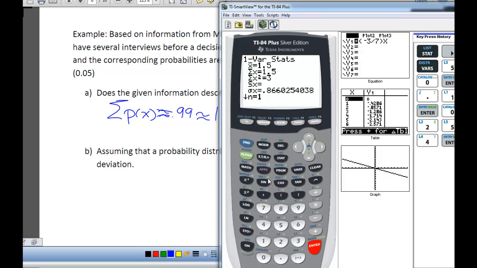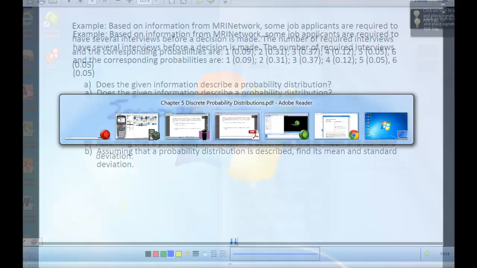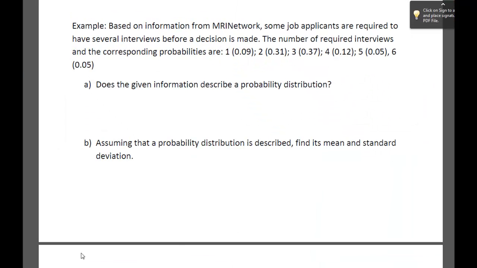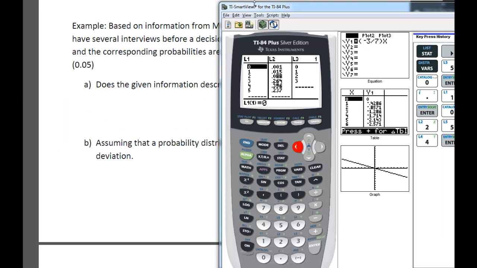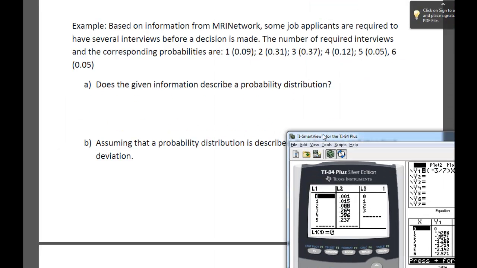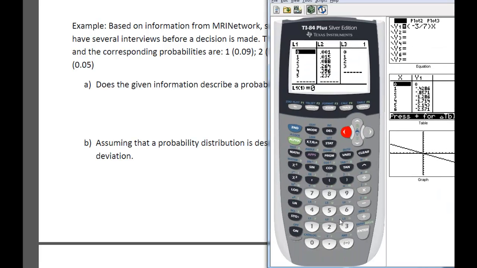Okay, on the calculator, I'm going to go to Stat, Edit, and I'll just start back over here at 1. So we had values from 0 to, actually from 1 to 6. I'll just delete that.